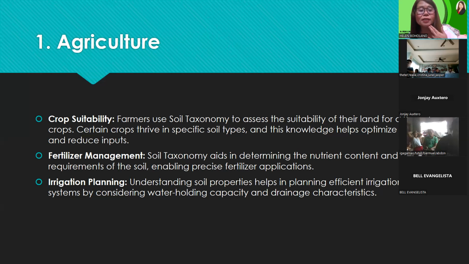There are always correct and appropriate fertilizers, and even precise applications, the ratio of fertilizer. Then irrigation planning. Understanding soil properties helps in planning efficient irrigation systems by considering water holding capacity and drainage characteristics.